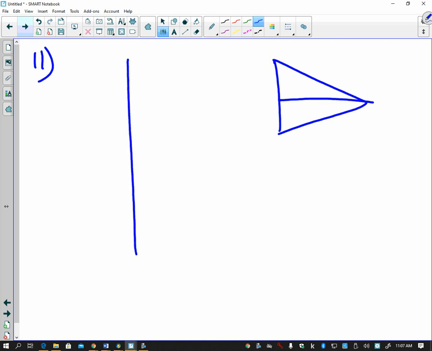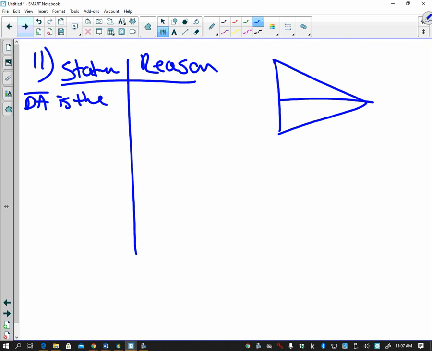Let's start off with our statement and our reason. Our first statement is DA is the angle bisector of BDC. That's a given. Let's write some things up here.